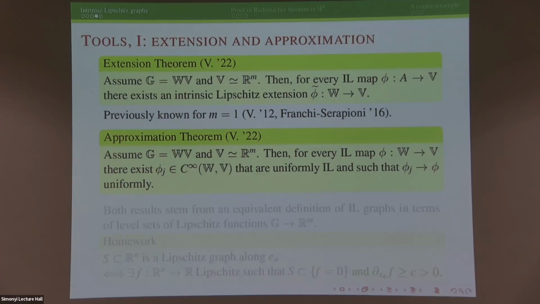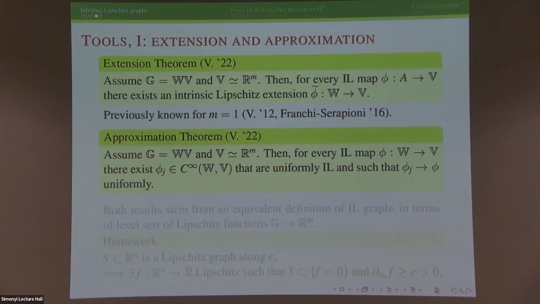Okay, the second result is an approximation theorem stating the following. Every intrinsic Lipschitz map phi, that now you can imagine is defined on the whole domain W, can be approximated by functions phi_j, which are C-infinity smooth, which are intrinsic Lipschitz with some bounded constant, and which converge uniformly to phi.